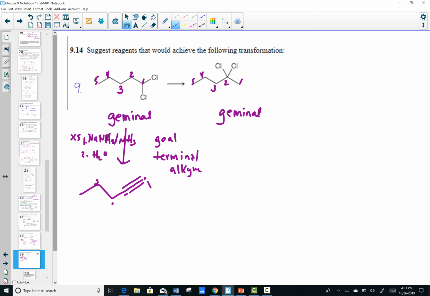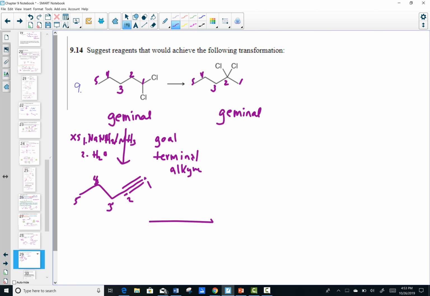So here's 1, 2, 3, 4, 5. That's a 180-degree bond angle. That's where we're at so far. We created a terminal alkyne using sodium amide with ammonia, followed by a water workup to protonate the end.